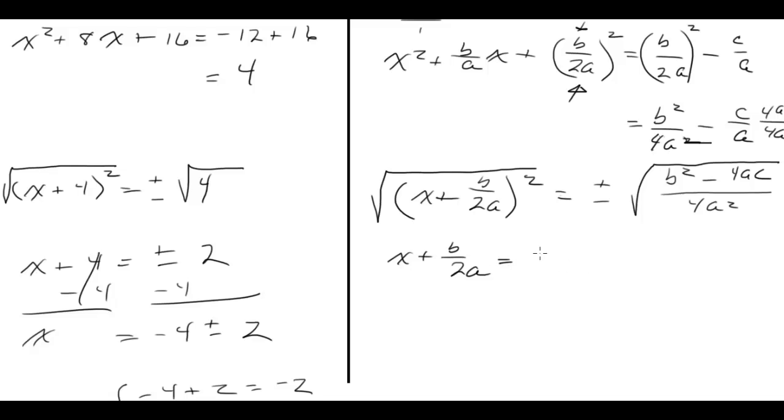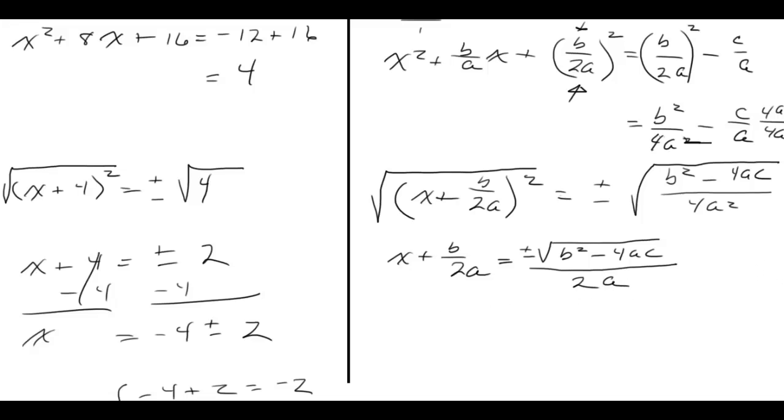All right. Well, I can't do much with that numerator. So let me, oops, don't forget the plus or minus. Let me keep the numerator the same. That's going to be b squared minus 4ac. However, I can do something with the denominator. The square root of the denominator: well, the square root of 4 is 2, and the square root of a squared is a.